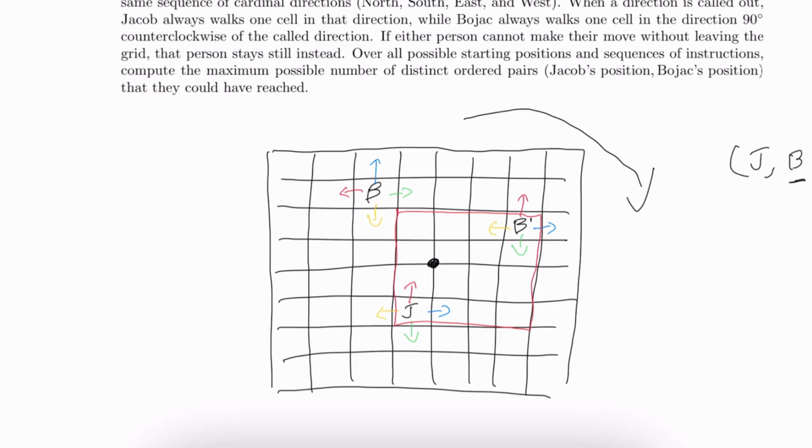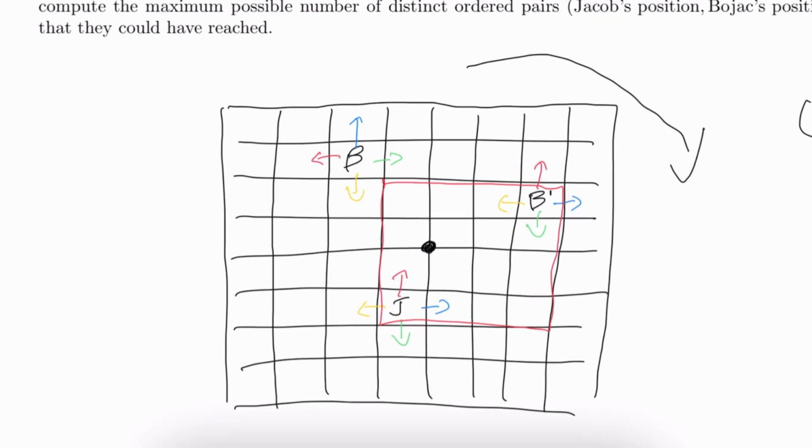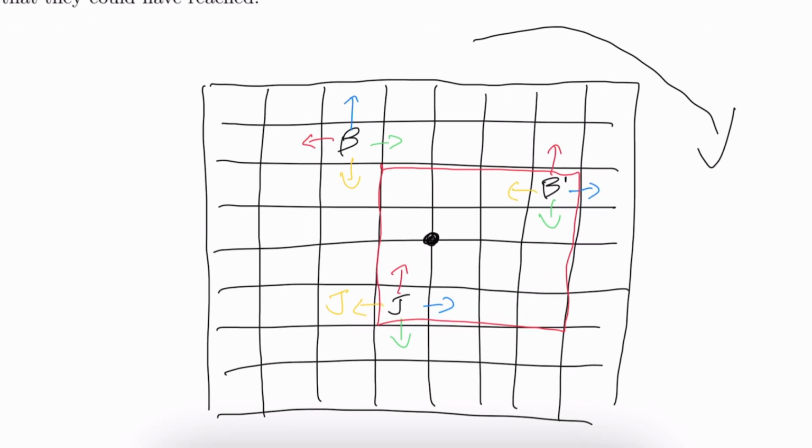Right, so imagine, let's say east was called. Let's say west was called. So now Jacob is here, B prime is here. Then it's essentially the rectangle. If we draw the rectangle for the new position, it just moved one spot to the left, or westward.